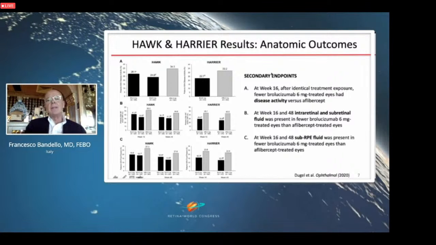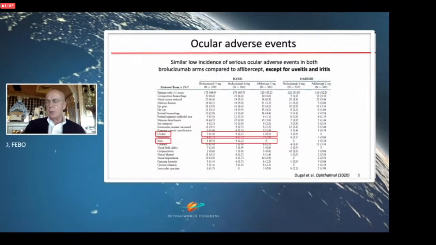Looking at the different secondary endpoints, there was evidence that they were better with brolucizumab compared with aflibercept. So the disease activity, the intraretinal fluid, and the subretinal and sub-RPE fluids were better with brolucizumab compared with aflibercept.